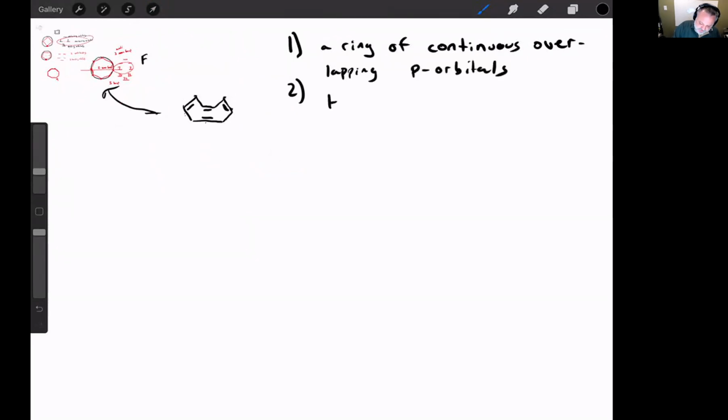And on top of that, you have to have a Huckel number of pi electrons. Both of these conditions have to be met in order to have an aromatic compound.